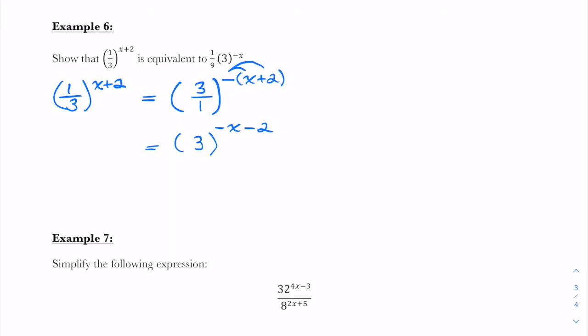What I can do is again use my exponent rules in reverse. Recall, when you're multiplying powers with the same base, keep the base and add the exponents. If we were to run this in reverse, we would take our exponent of negative x take away 2 and write this as a product of two powers, like this.